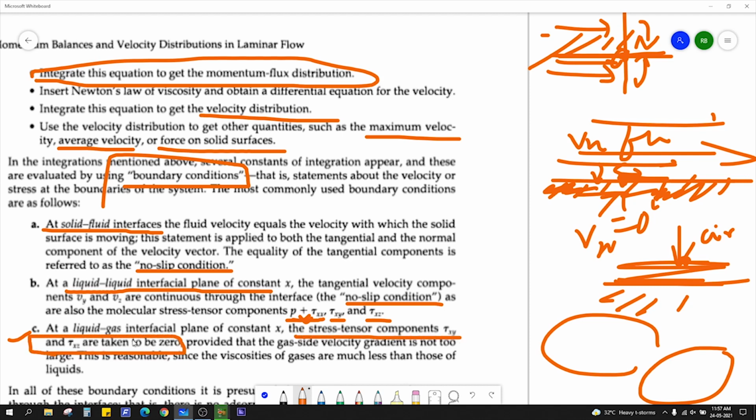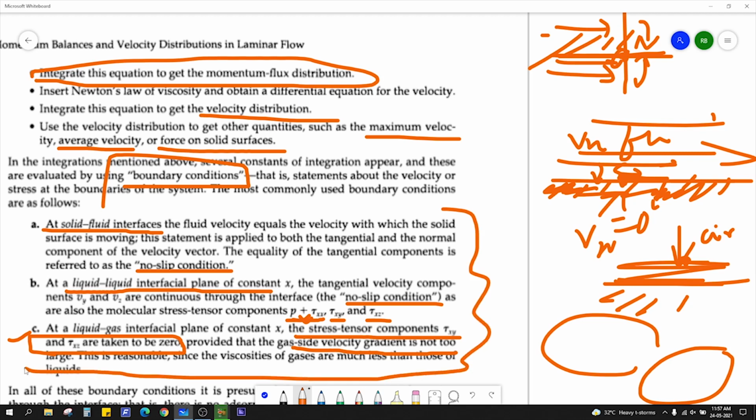You can easily set this equal to 0 because the viscosity of gases is very low, so the gas-side velocity gradient will not be very large. So you have to keep these boundary conditions in mind, so that you can directly take the appropriate boundary condition while solving problems.